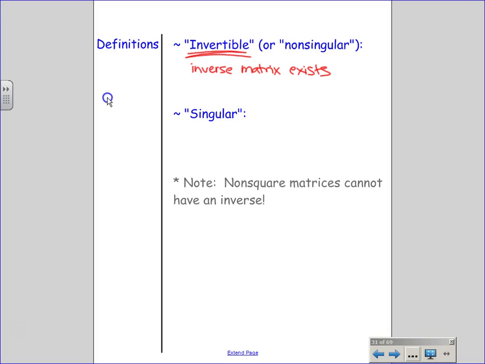Singular. Well, if non-singular means the inverse exists, isn't singular going to be the opposite of non-singular? So the ironic thing is, singular means the inverse does not exist. There is no inverse matrix.